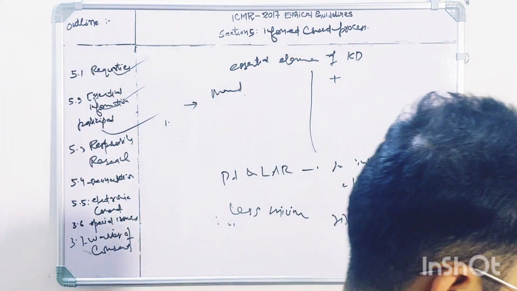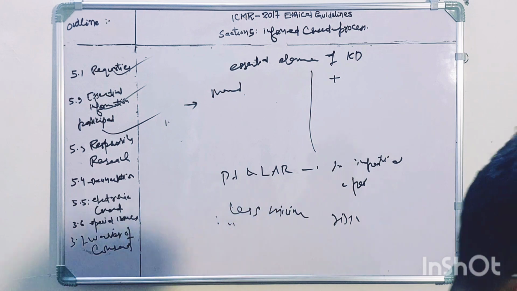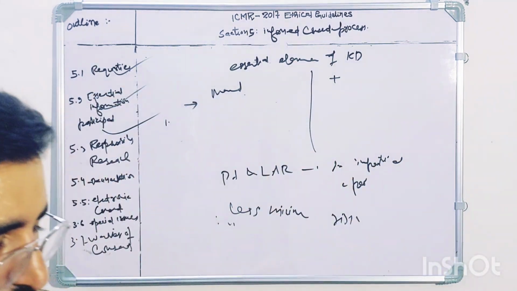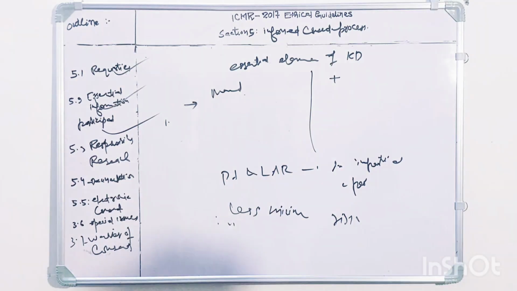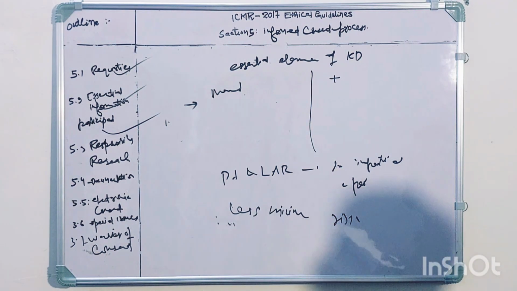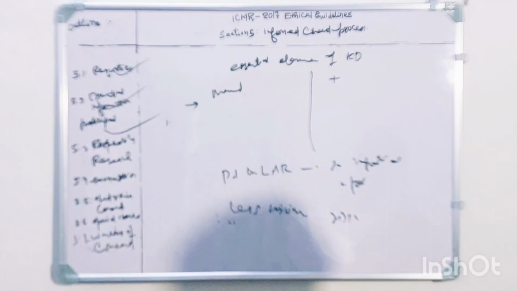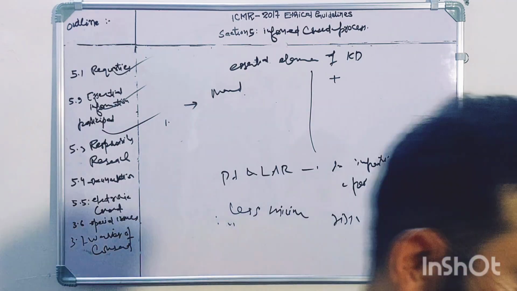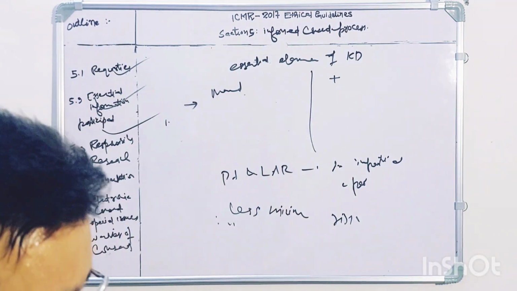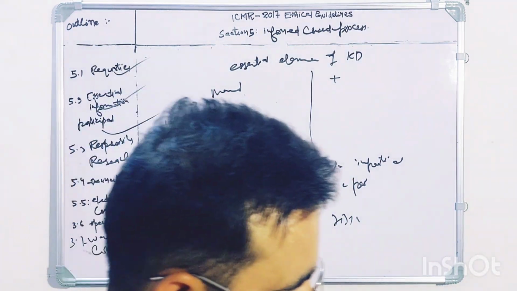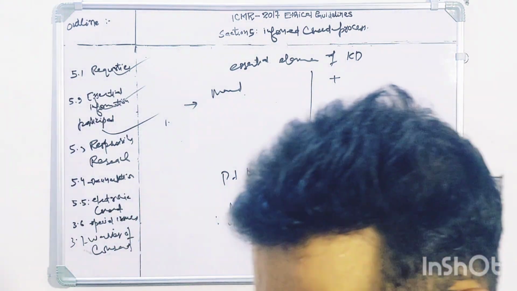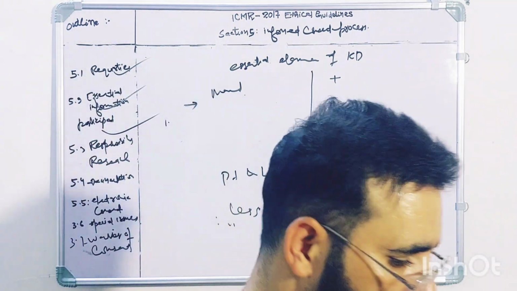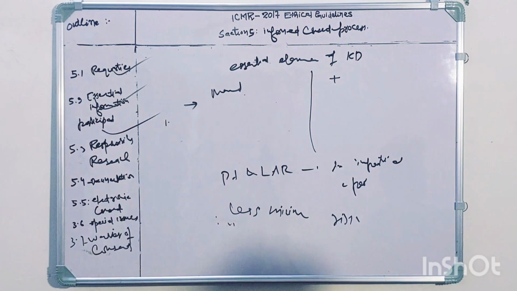Then, the procedure after the consent process: the participant should be given a copy of the PIS, the participant information sheet, and the ICF, the informed consent form. Then there are some special situations, like gatekeeper consent. Where there is a group or community from which we cannot take individual consent, we can take gatekeeper consent.